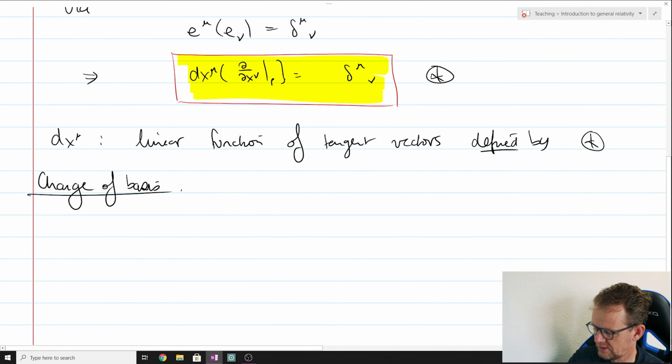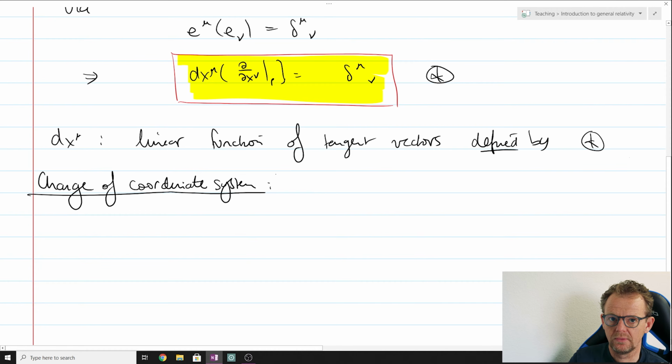Now, what happens under a change of basis? Change of basis is perhaps a poor choice of words at this point, because we have a vector space Vp and we have a basis for Vp. What we should say is change of coordinate system. If you change your coordinate system of your manifold, you get a different basis for Vp.